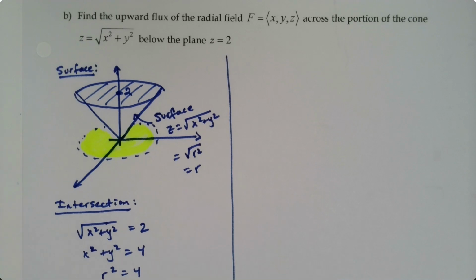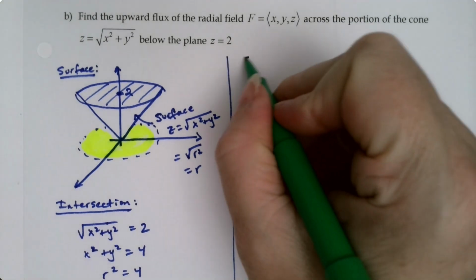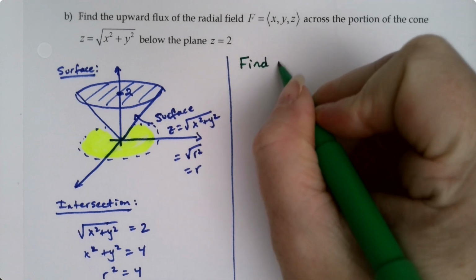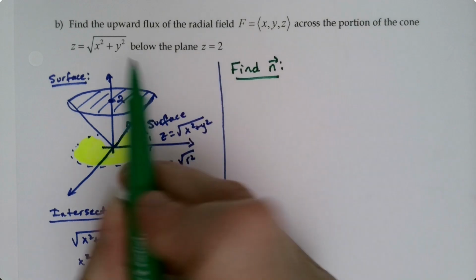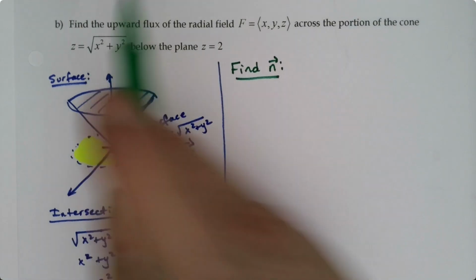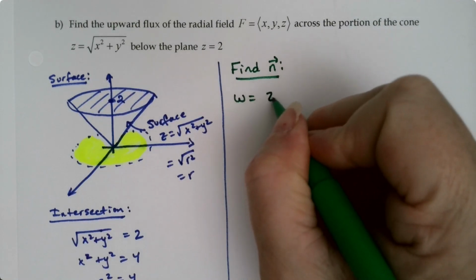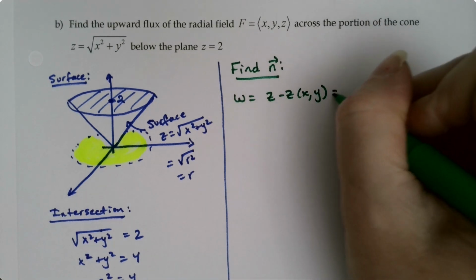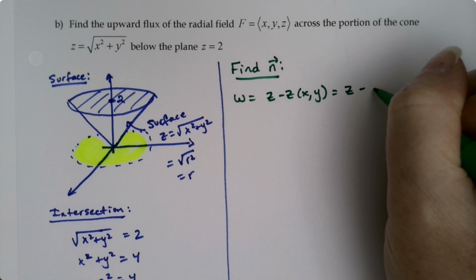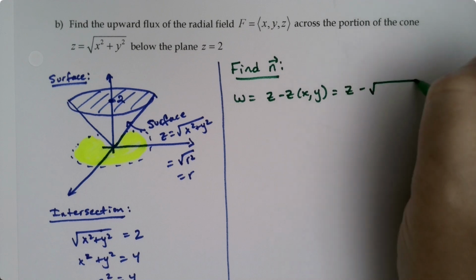For starters, we need to find our normal vector. To do that, we have to take the z of xy and turn it into w. W equals z minus z of xy, which would be z minus the square root of x squared plus y squared.